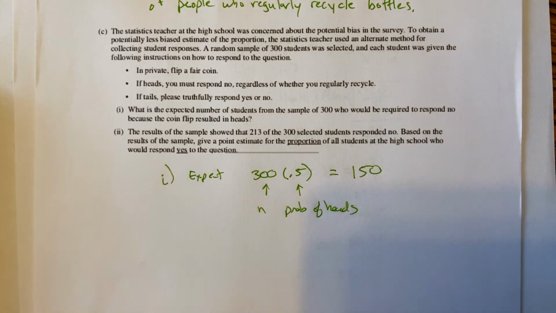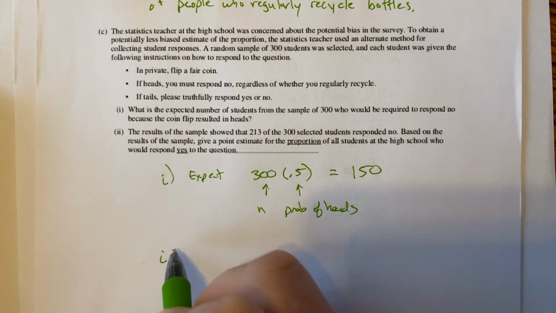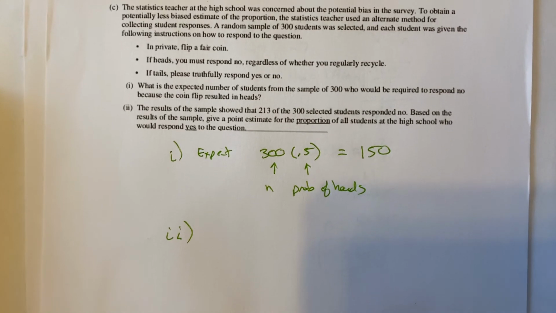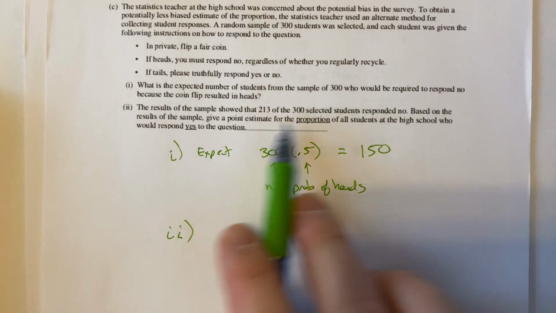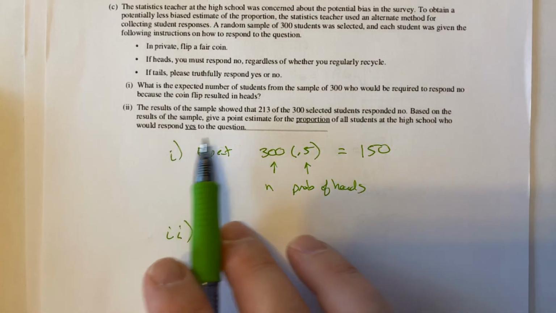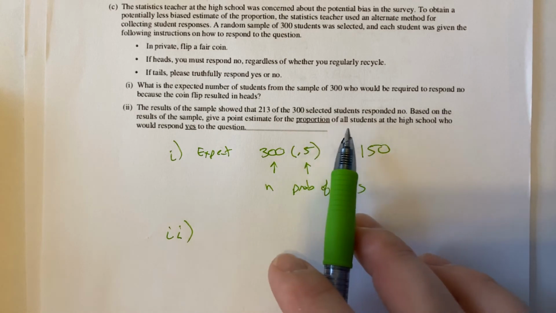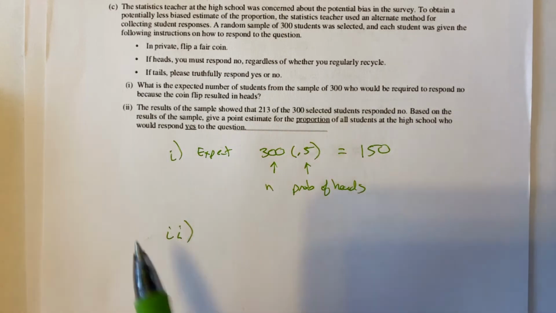So it's then moving on to the next piece, which was like, all right, so this actual sample gives us 213 said no, and based on the results of the sample, give an estimate at the high school who would respond yes to this question.